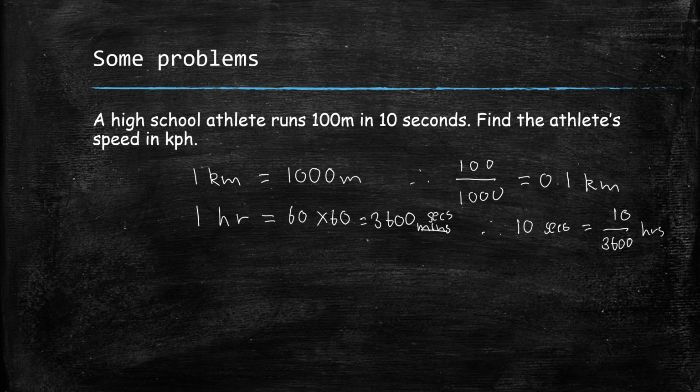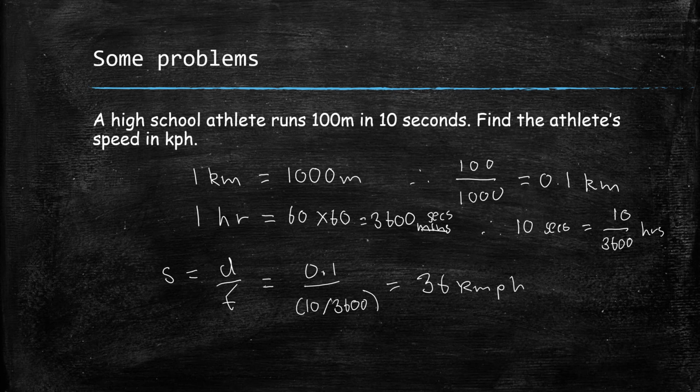Now we can use the formula, which is speed is equal to distance divided by time, and then we get 0.1 divided by 10 over 3,600. So 0.1 divided by 10 times 3,600, we get 36 kilometers per hour.